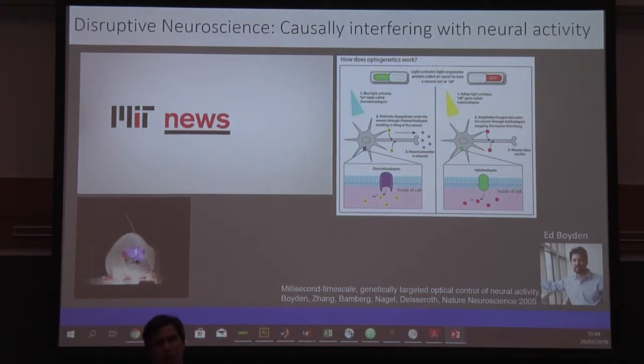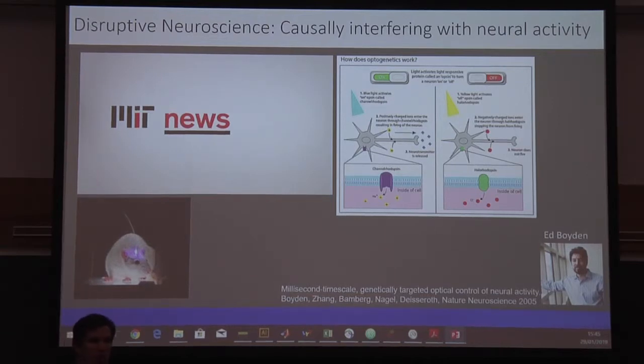The expression of these ion channels depends on our understanding of molecular biology, of the specific promoters that dictate when and where a particular gene or particular protein is expressed. So by combining the specificity of molecular biology with light-sensitive proteins and shining stimulation in specific brain regions, they came up with techniques that allow us to causally intervene with circuits.